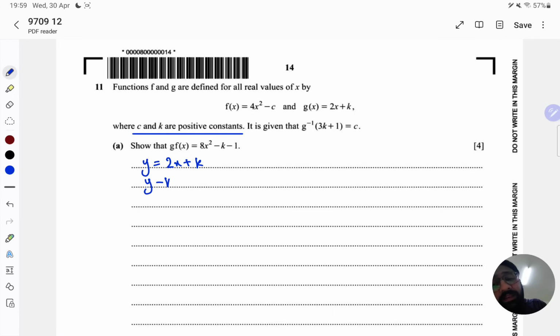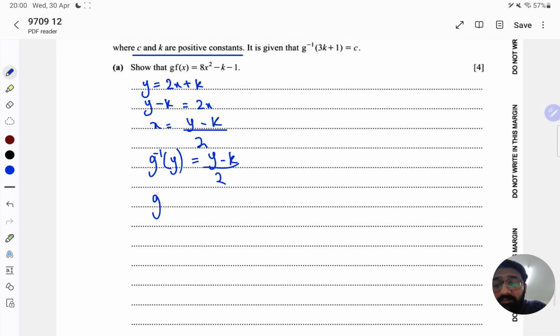So y minus k is equal to 2x. So x will be y minus k divided by 2. So we will substitute g inverse of y, which will be y minus k divided by 2. The last step for inverse is g inverse of x, which will be x minus k divided by 2.